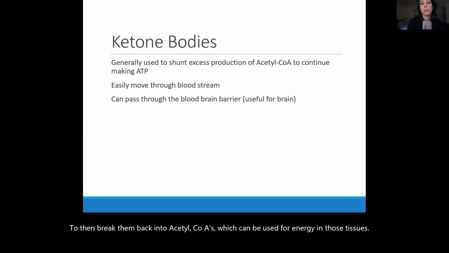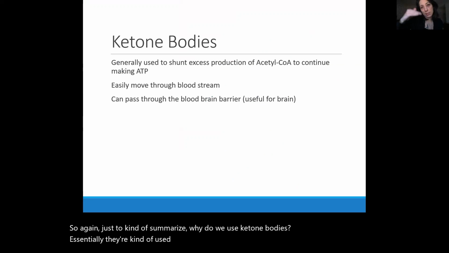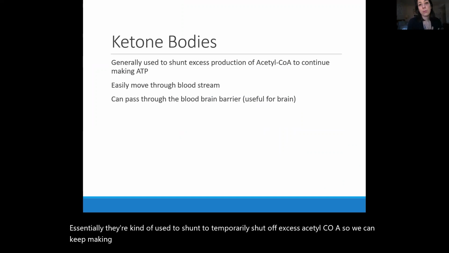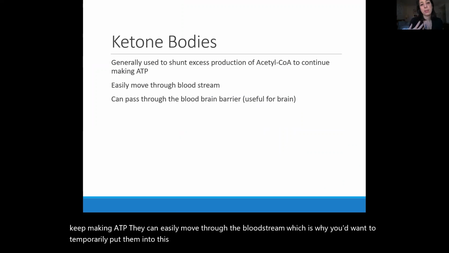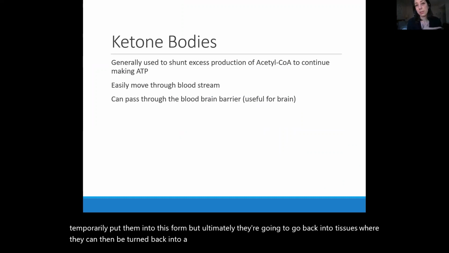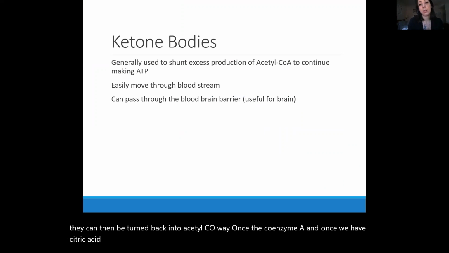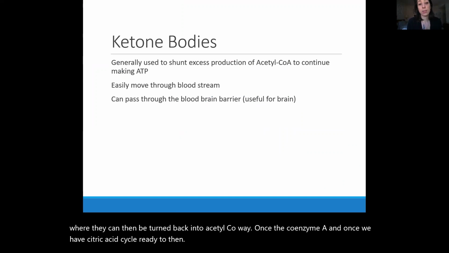So again, just to summarize, why do we use ketone bodies? Essentially, they're used to temporarily shunt off excess acetyl-CoA so we can keep making ATP. They can easily move through the bloodstream, which is why you'd want to temporarily put them into this form. But ultimately they're going to go back into tissues where they can then be turned back into acetyl-CoA once we have the citric acid cycle ready to then make more energy through breakdown of acetyl-CoA.